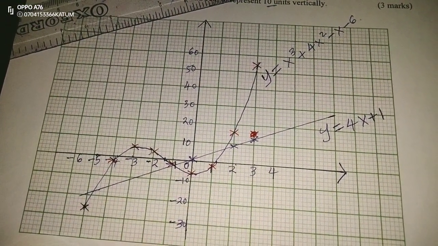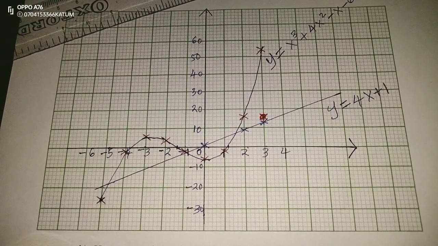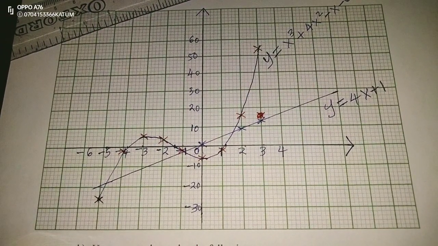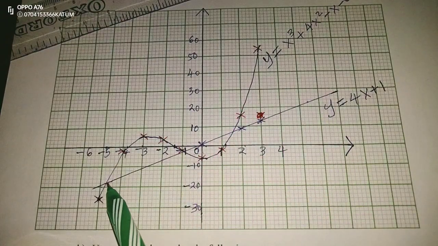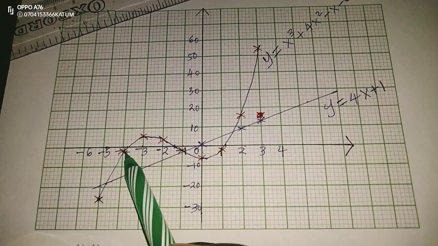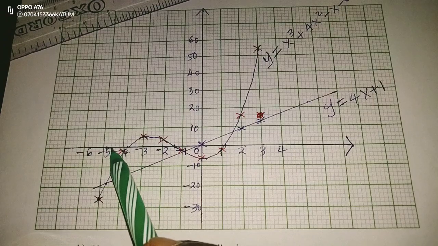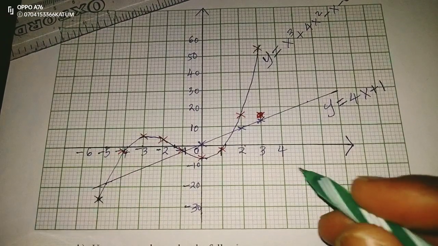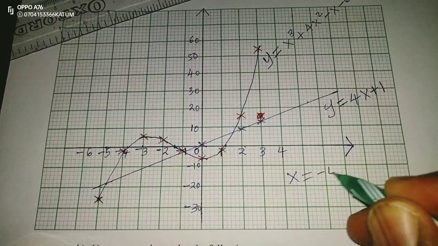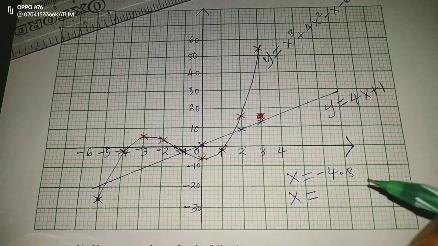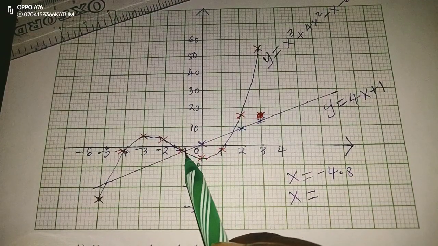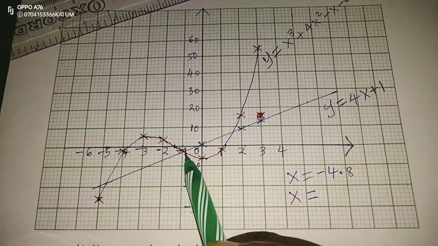Now that we have plotted the line, we are going to look at the points where the line cuts the graph. The first point is here. And the value of x at this point is going to be negative 4.8. X is also equal to, at this point, I think this is just before 1.